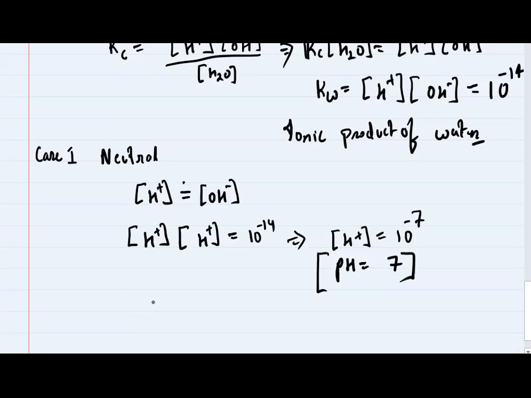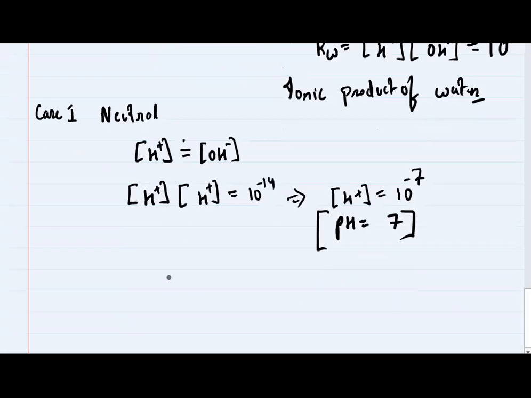Okay, right? Then what if we use the whole expression and take log? Let's see this. We have concentration of H plus into concentration of OH minus is equal to 10 to the power minus 14. Now let's take log to both sides.